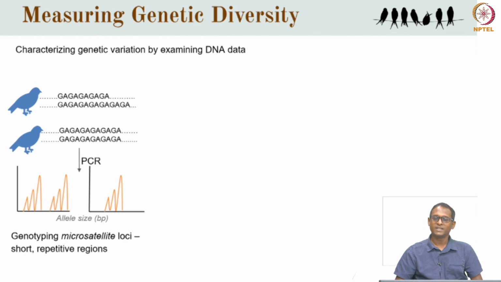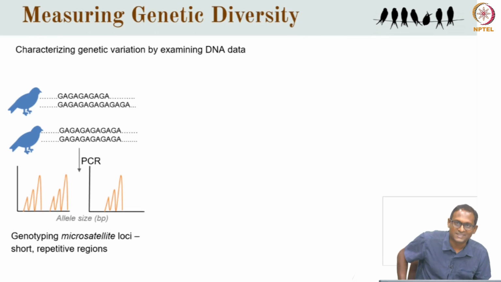Now you can also look at genetic variation in a different kind of genetic data, which is called microsatellites. Microsatellites are nothing but repetitive regions. So you have GA, which is GAGA, or so, that repeats.